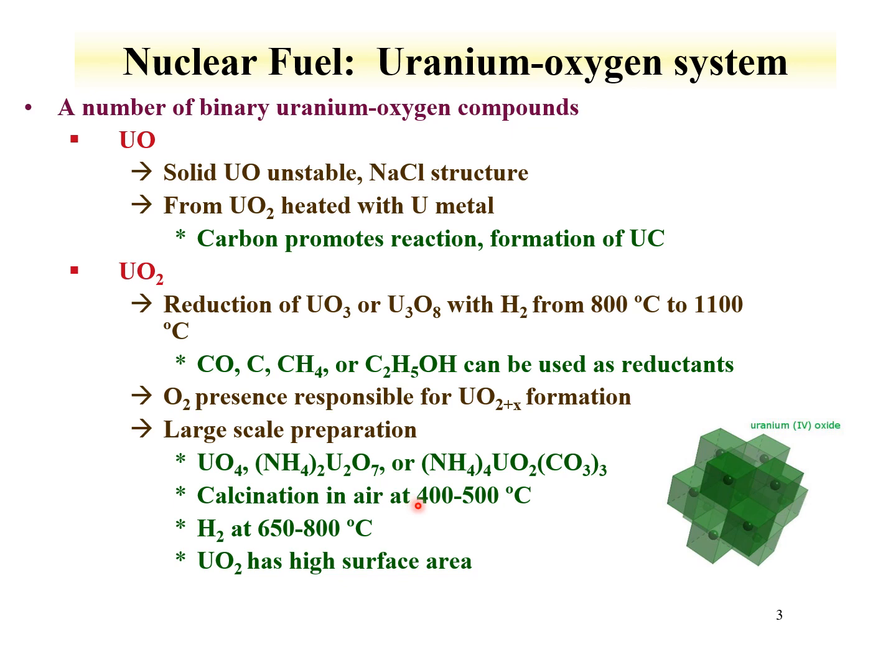This would generally form either UO3 or U3O8, and then is treated with hydrogen at a higher temperature. In these cases, the resulting UO2 has a relatively high surface area. And here's the crystal structure of uranium dioxide.